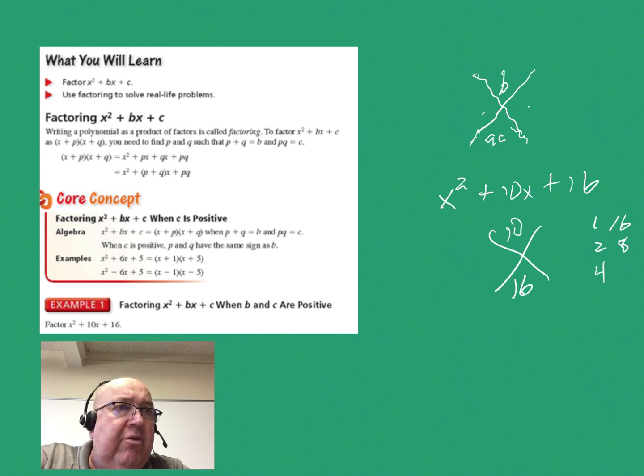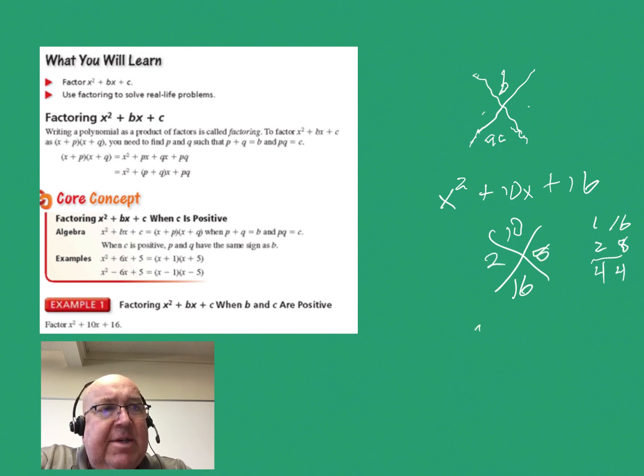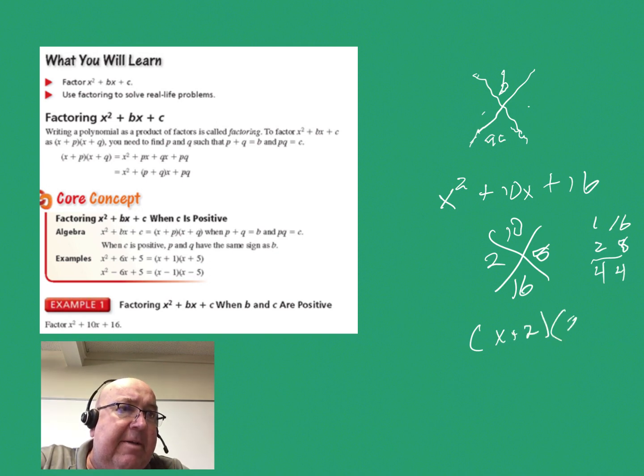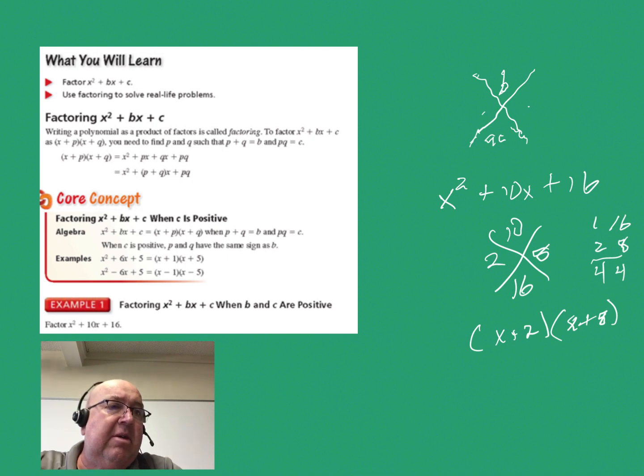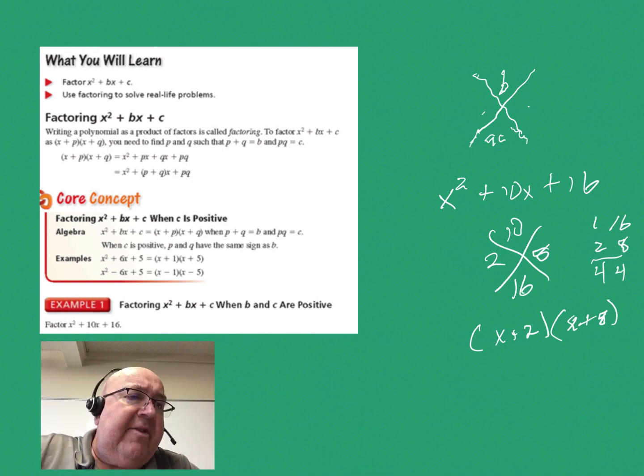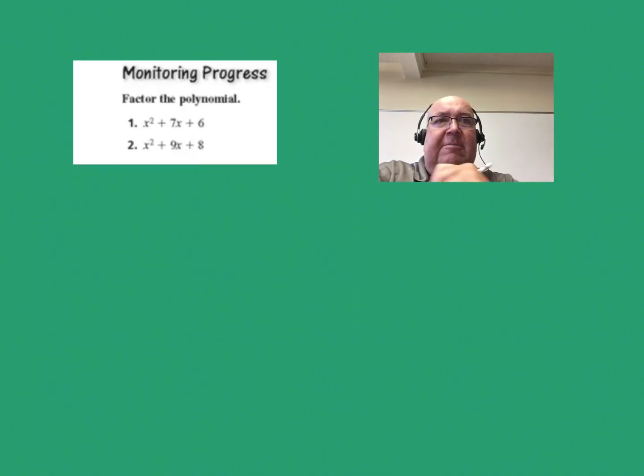I can see that 2 and 8 add up to be 10, so 2 and 8 are my factors. So we're x plus 2 times x plus 8. All right, so I'll go through a lot of examples on this to show that it's pretty simple once you get the hang of looking at it.